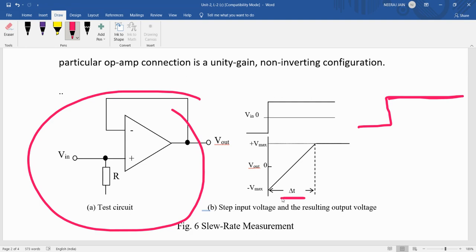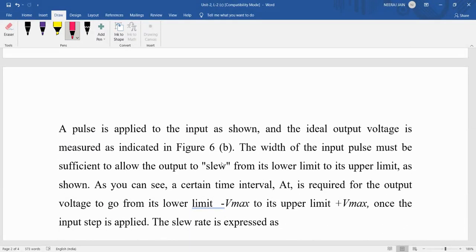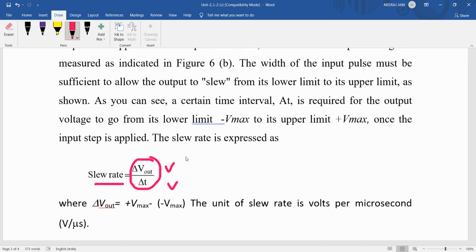The time difference is delta t from the minimum to maximum output. Now the slew rate will be delta V out upon delta t, change in output per change in time. That is the slew rate.